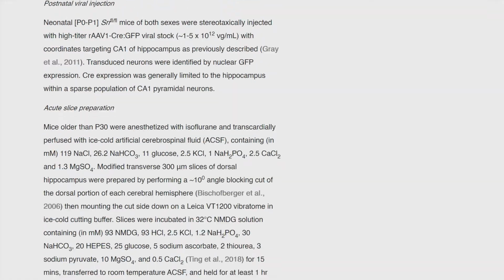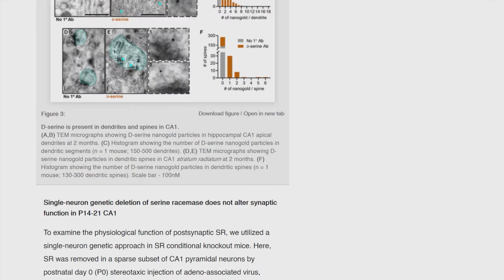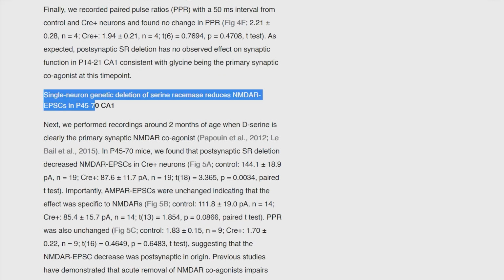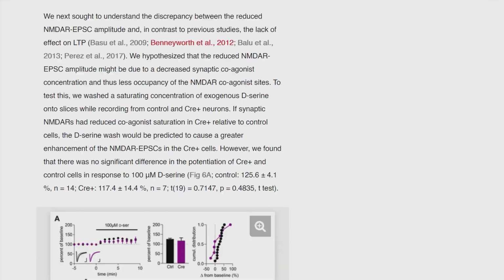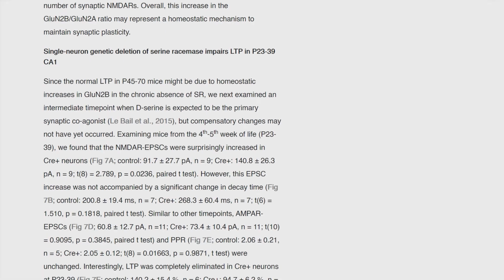Let's look at the results sections. Single neuron genetic deletion of SR reduces NMDAR something something. Single neuron genetic deletion of SR upregulates. Single neuron genetic deletion of SR impairs LTP.